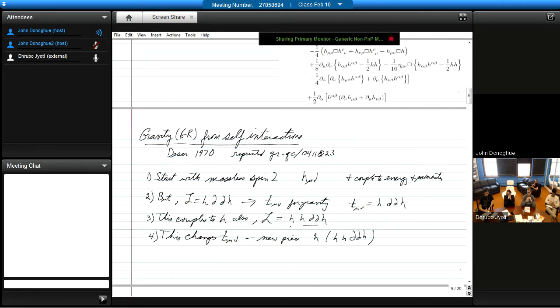And then you do a do loop, go to 4, you keep cycling around there, you keep building up more and more interactions, and Deser shows that this iteration gives you the full GR.